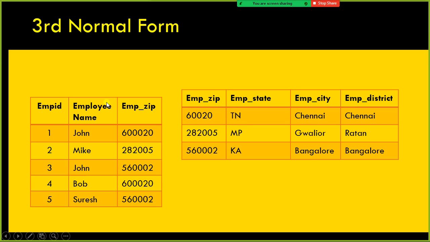And also to link these two tables, to form a relationship, we need to have a common key column. Hence, we store the zip code here. With this zip code, we can link with this table to query the data from these two tables. Suppose you want to query the employee name and his city and district and state, you need to have a relationship. The relation should be based on the common key column between these two tables.